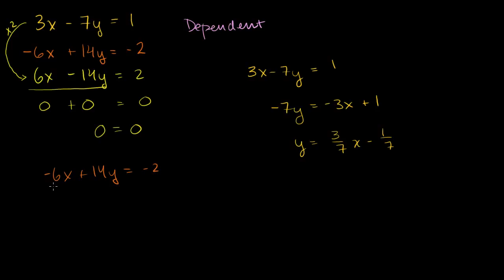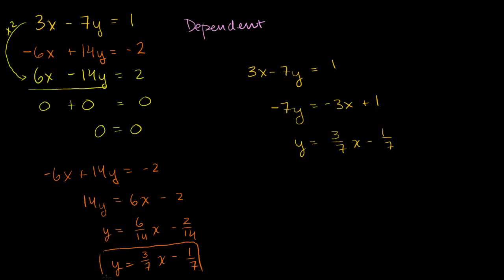Let's add 6x to both sides of the equation. So you get 14y is equal to 6x minus 2. Then divide both sides of the equation by 14. You get y is equal to 6/14 x minus 2/14. Well, this is the same thing. 6/14 is the same thing as 3/7 x minus 1/7. Notice, they are really the exact same equation.